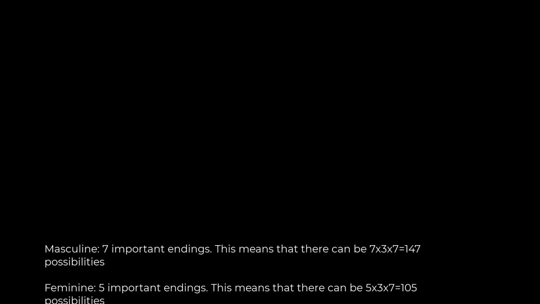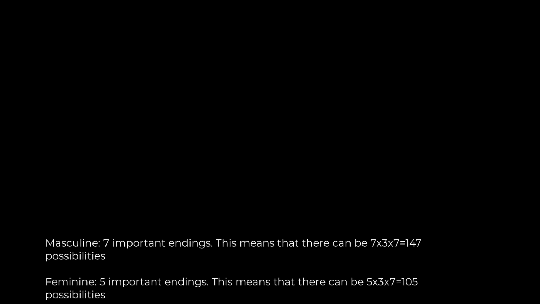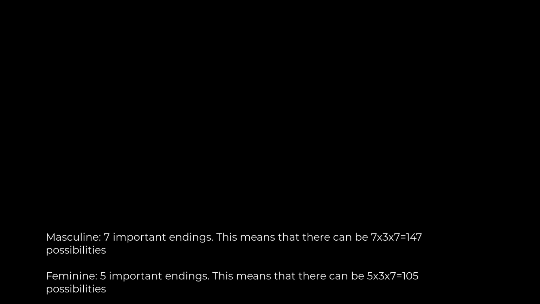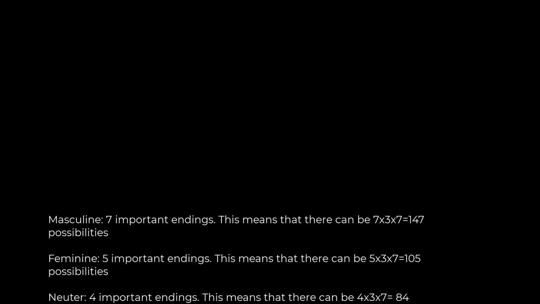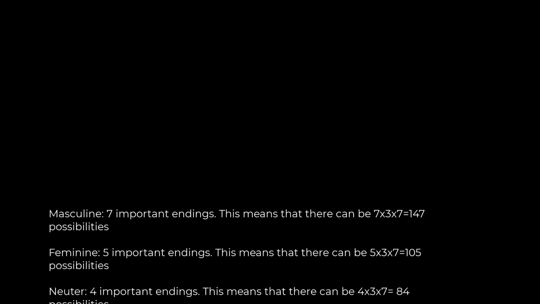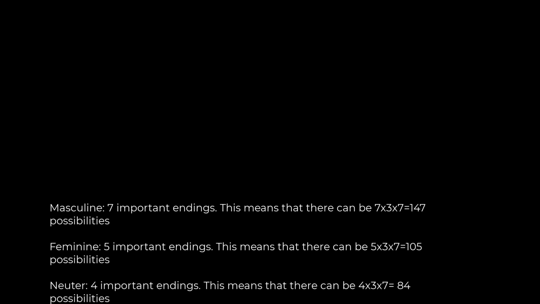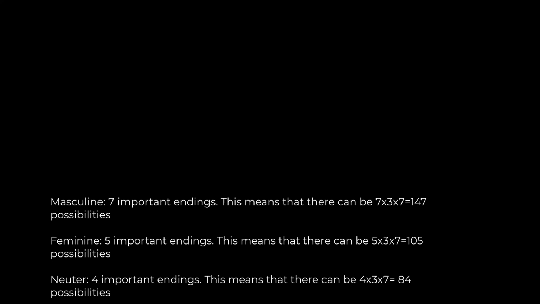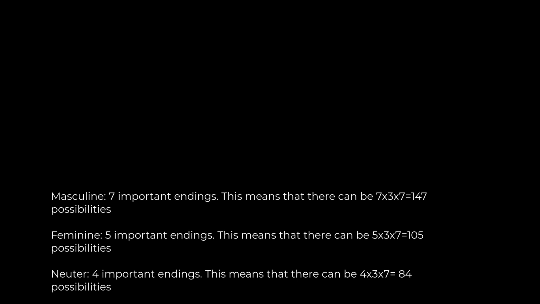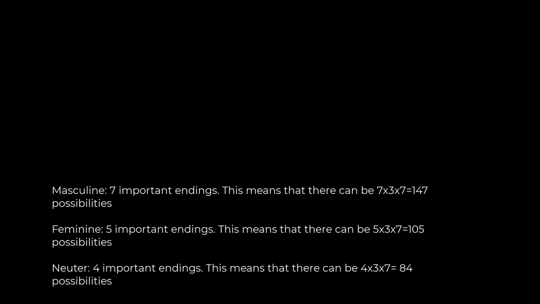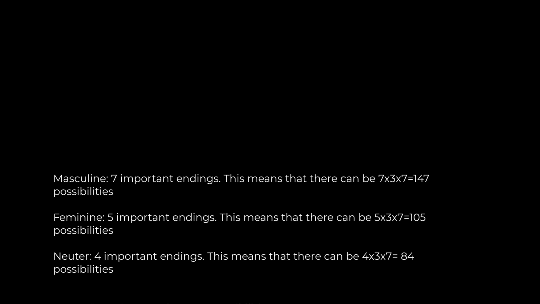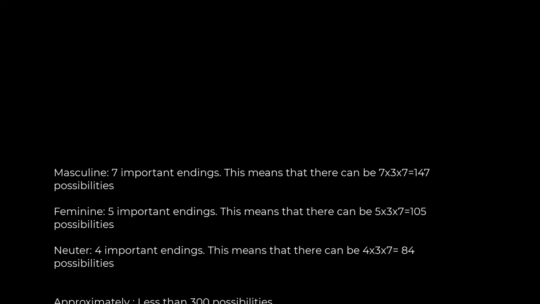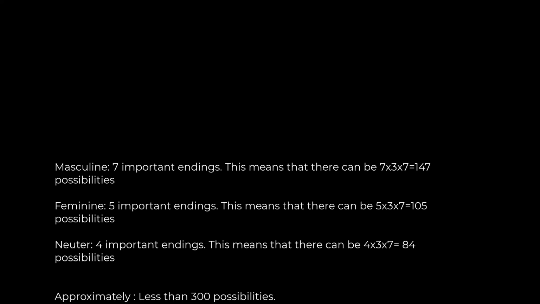Therefore, approximately 147 possibilities are there for masculine gender in 3 numbers and 8 cases. Similarly, for feminine, there are 5 endings, so that's about 100 possibilities. Neuter is about 85 possibilities. Altogether, there are maximum possibilities around 300 to 350.